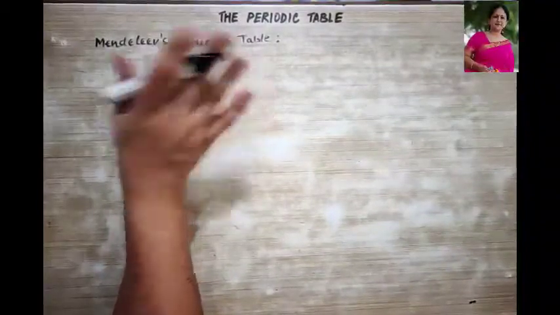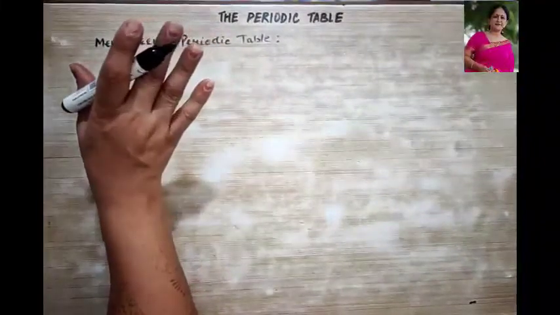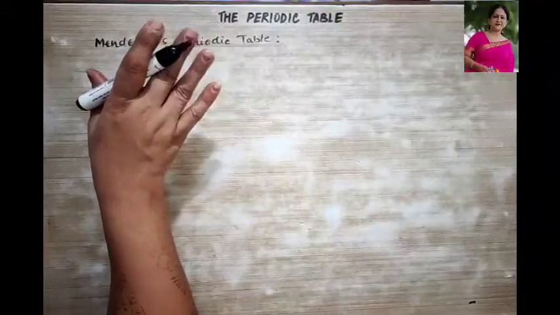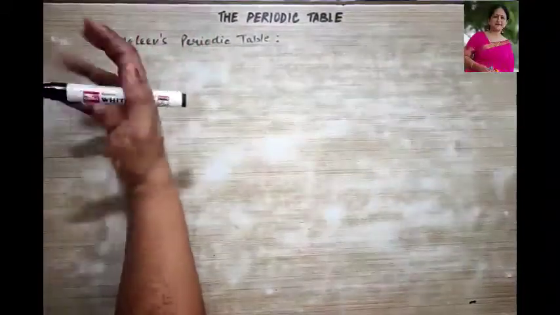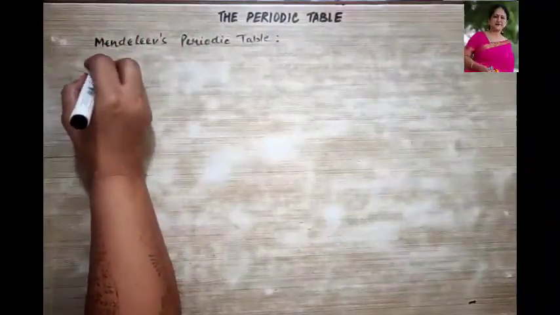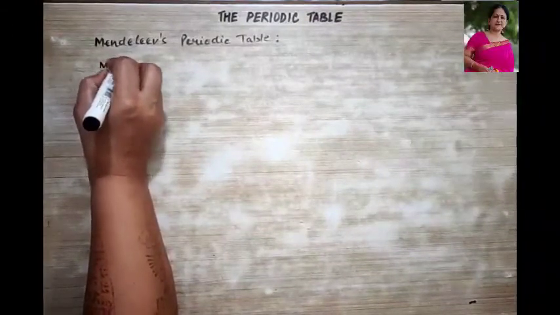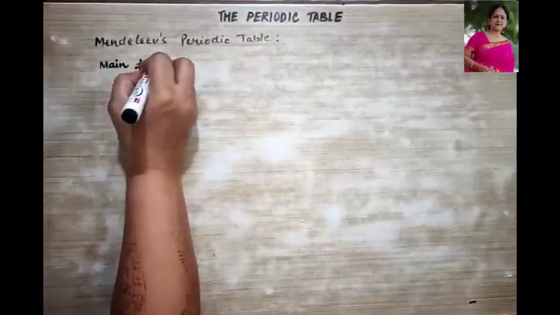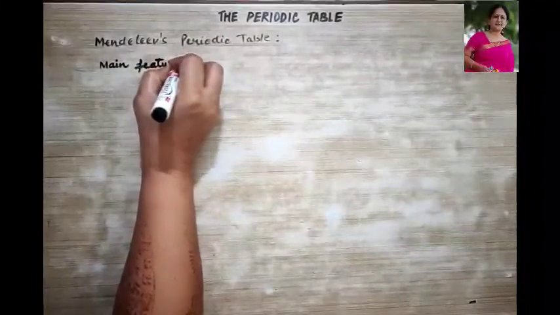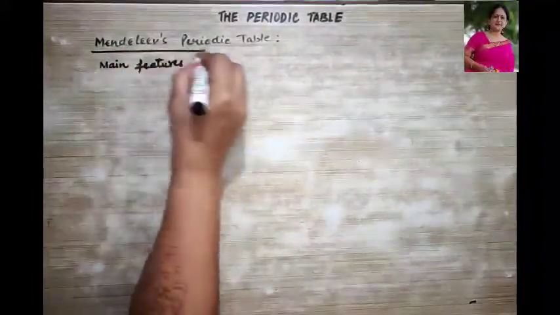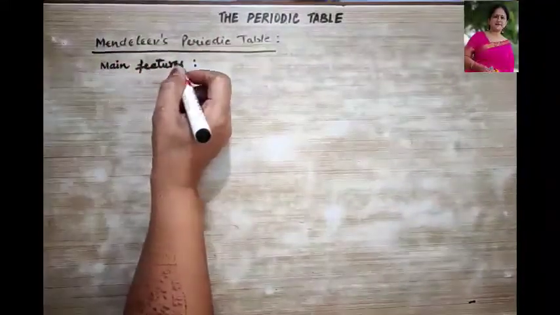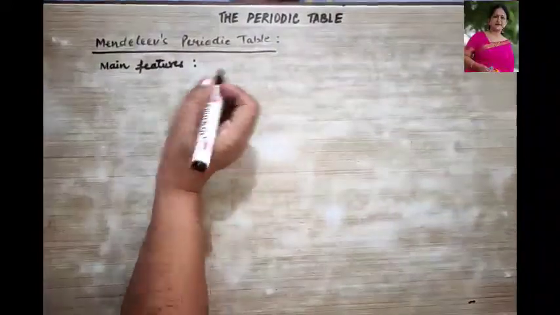Masses or the weights, right? So what were the main features of Mendeleev's periodic table? Okay, I'm mentioning it over here. Main features of Mendeleev's periodic table.